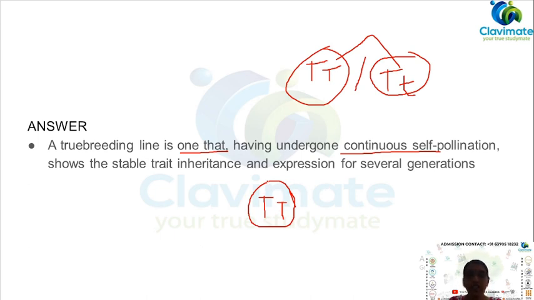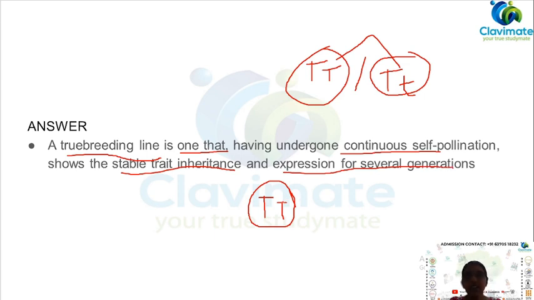So that is called true breeding, and it is called a true breeding line. This is the definition: a true breeding line is one that, having undergone continuous self-pollination, shows stable trait inheritance and expression for several generations.